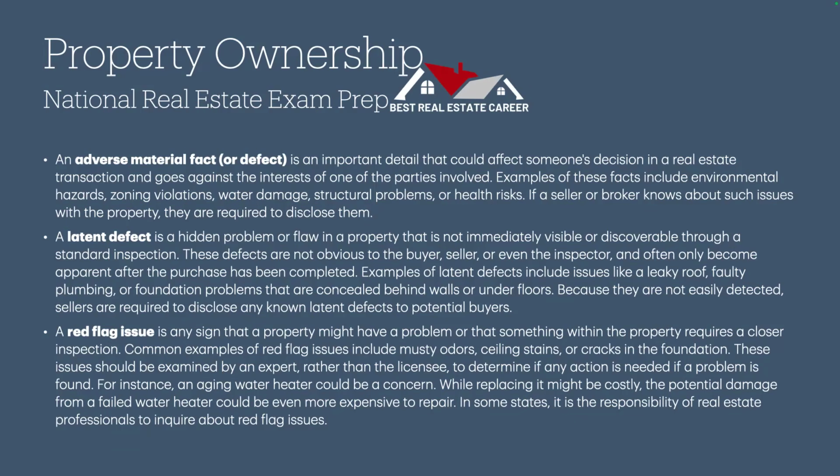We have a latent defect, and this is a hidden problem or flaw in a property that is not immediately visible or discoverable through a standard inspection, right? So an adverse material fact, they're probably going to find it, but yet we still have to disclose it. A latent defect might be this. Maybe we have a leaky roof, all right? Be thinking about that. When's the roof going to be leaking? When it rains.